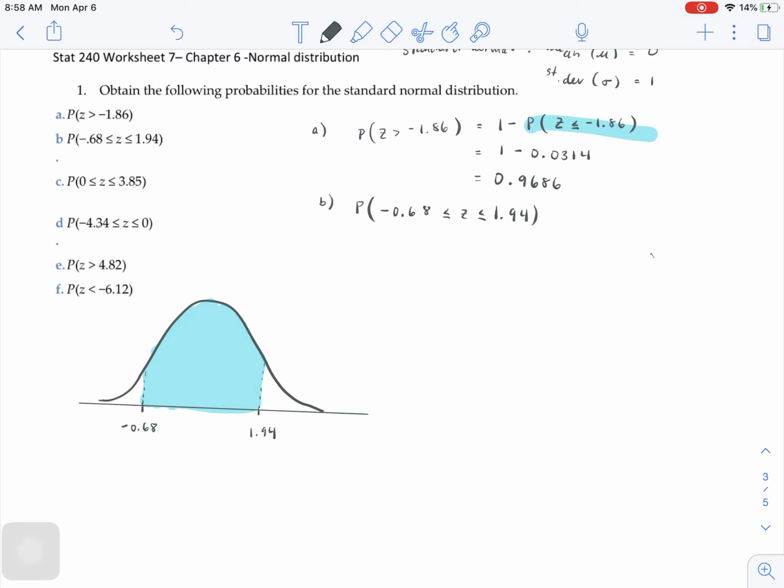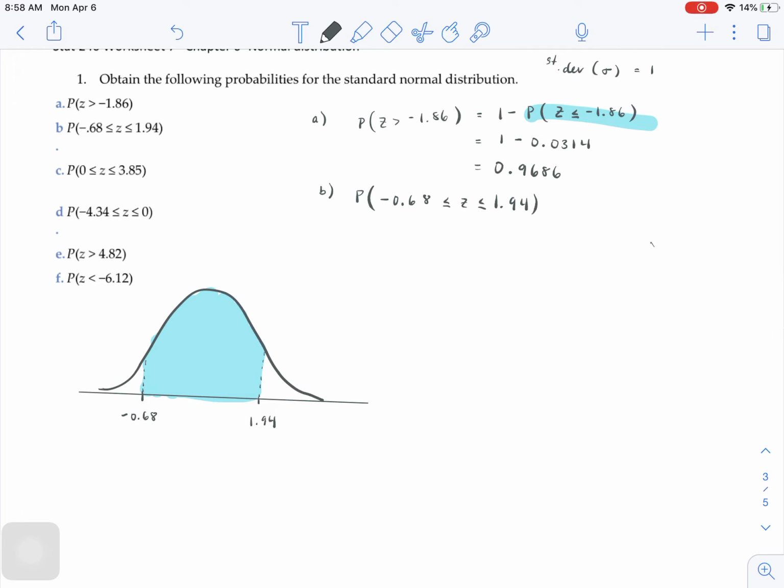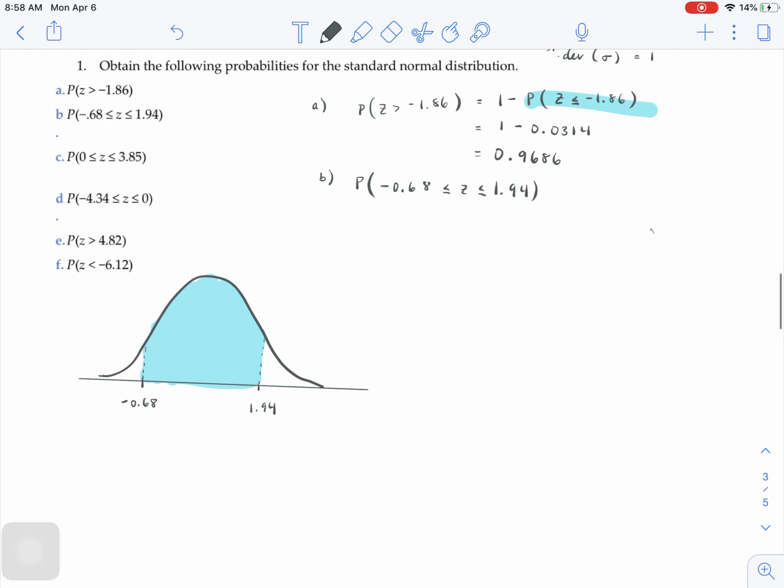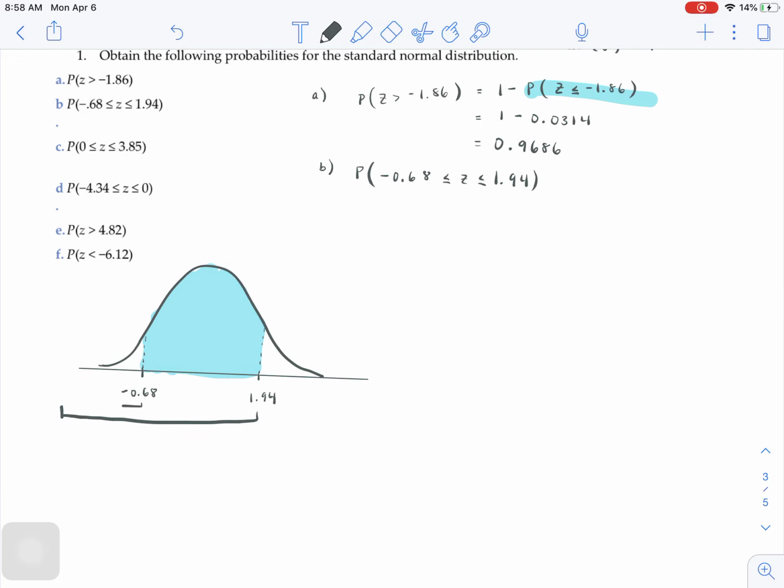If I want the area just in the middle, I can notice that the table will give me the area to the left all the way to the left of 1.94. In other words, the table will give me this area. The table will also give me the area to the left of negative 0.68.